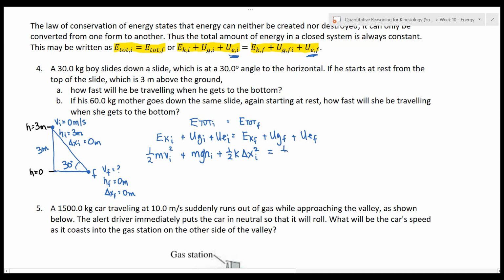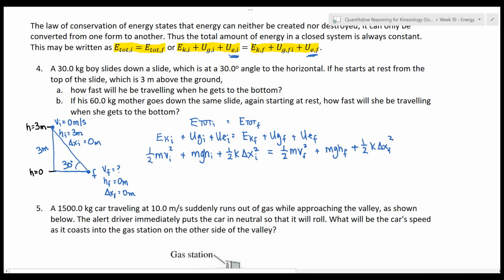I'll do the same thing for final. My kinetic energy equation is EK equals 1/2 mv squared, this is the final velocity, plus for my UG, it's mgh with the final height. And for my elastic potential energy, it's 1/2 K delta x final squared.